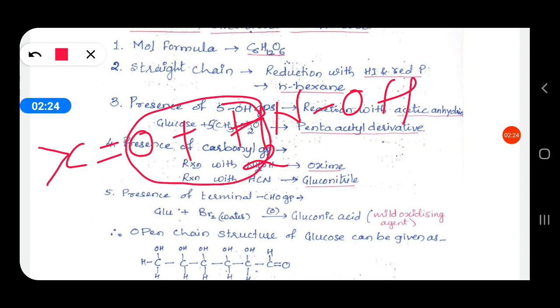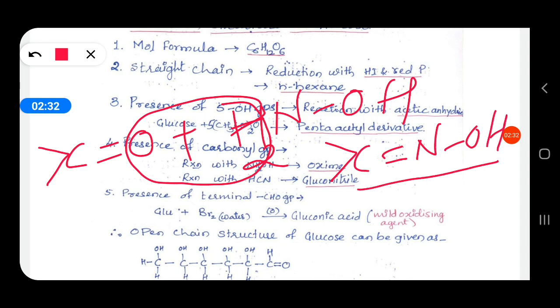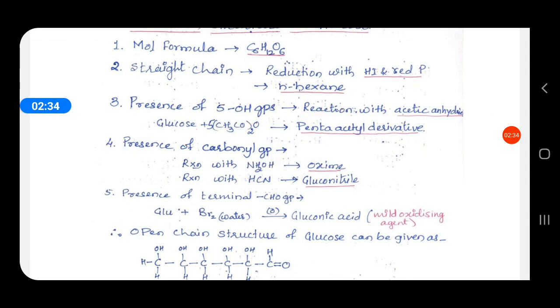So the condensation product is formed, C double bond NOH, which is called an oxime. Glucose treated with hydroxylamine gives an oxime, and when treated with hydrogen cyanide, it gives an addition product, that is cyanohydrin.